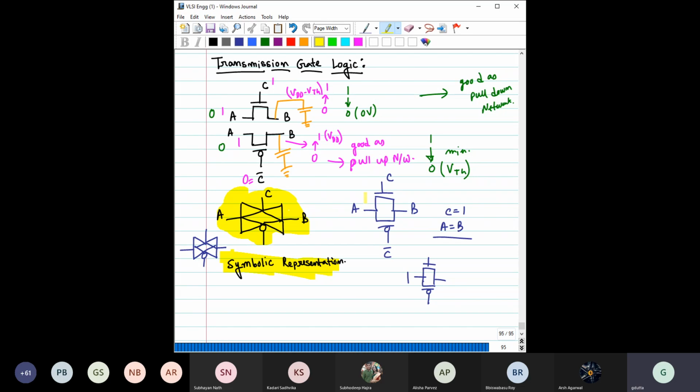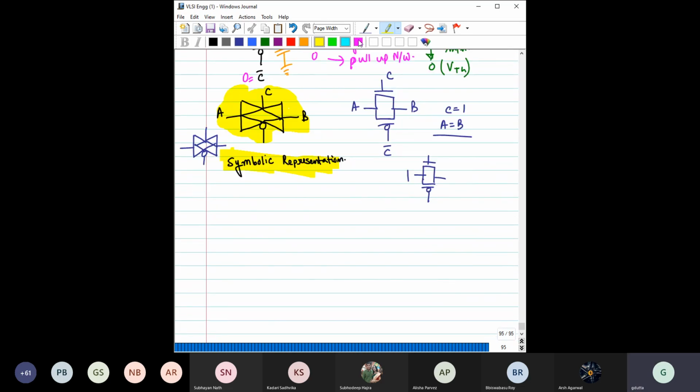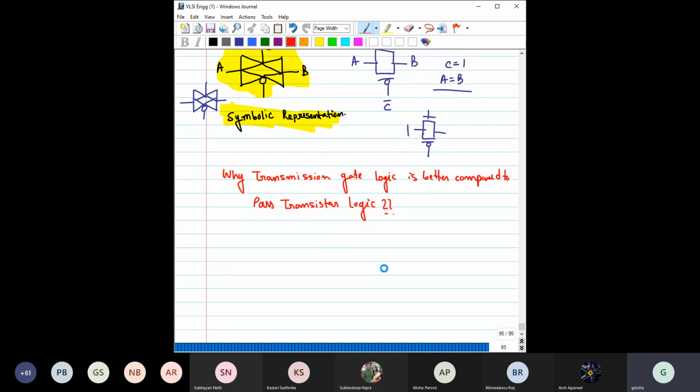So let me put this question here so that while you are reading: why is transmission gate logic better compared to pass transistor logic, right?